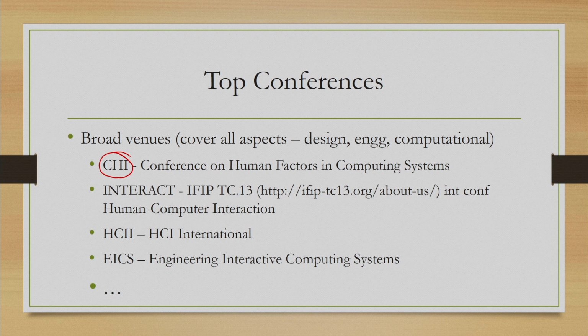This is a part of the ACM, or Association for Computing Machinery, and the name of the conference is Conference on Human Factors in Computing Systems, and more popularly it is known as CHI. Every year this conference takes place and proceedings come out. If you follow the proceedings, then you will get to know about the latest research trends.